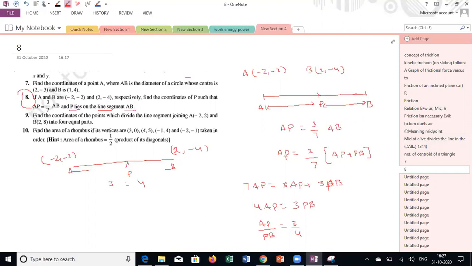Do it and check the answer. P value, how much are you getting? Sandhya and Mruta, Niranjan, Akash.